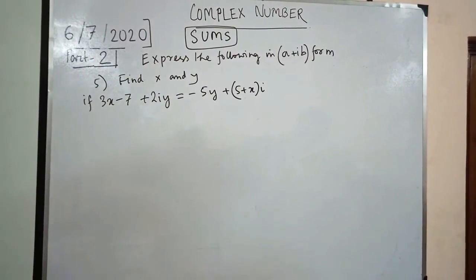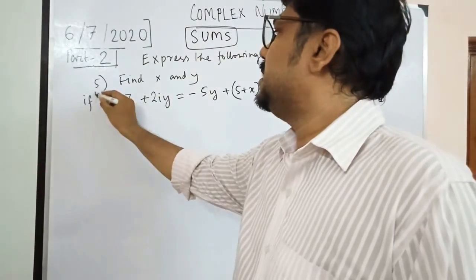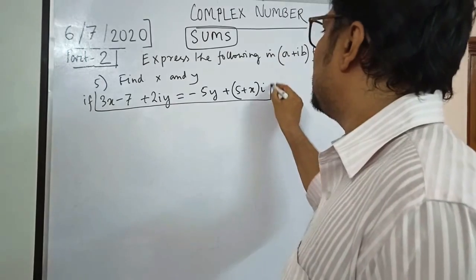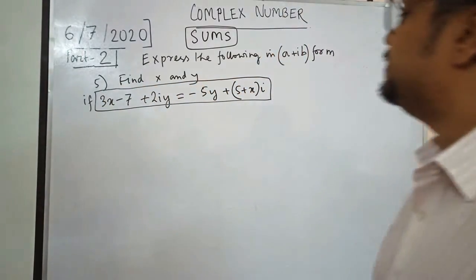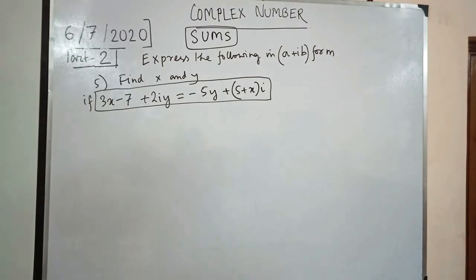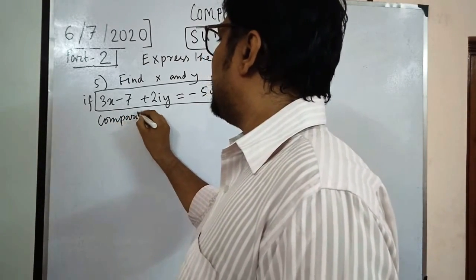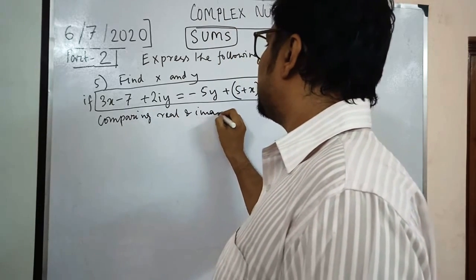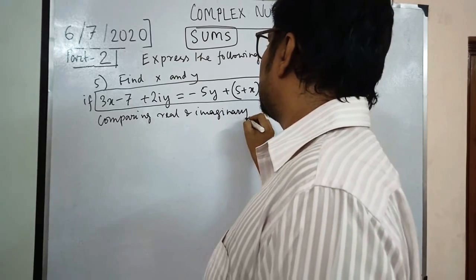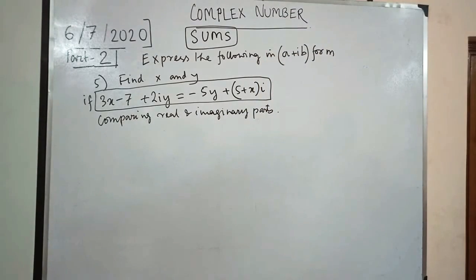Next question is, we are asked to find out x and y, whereas this equation is given to us. So what we do, here we write, comparing real and imaginary parts from both sides.